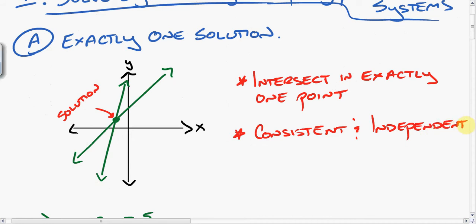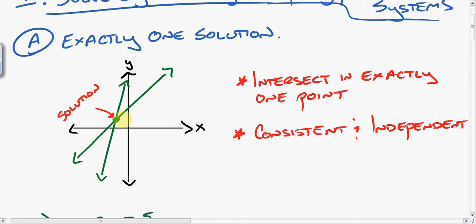What helps me memorize my classifications? I know when I have a solution to a system, that system is consistent. And I know when I have exactly one solution, that solution's independent. I try to think about an independent person who likes to do things on their own and maybe does not need help or thinks they don't need help.